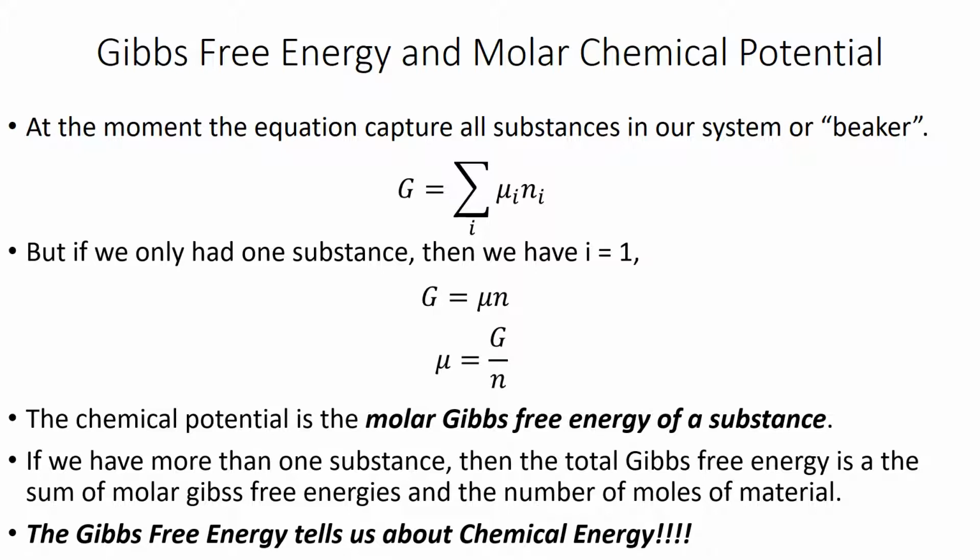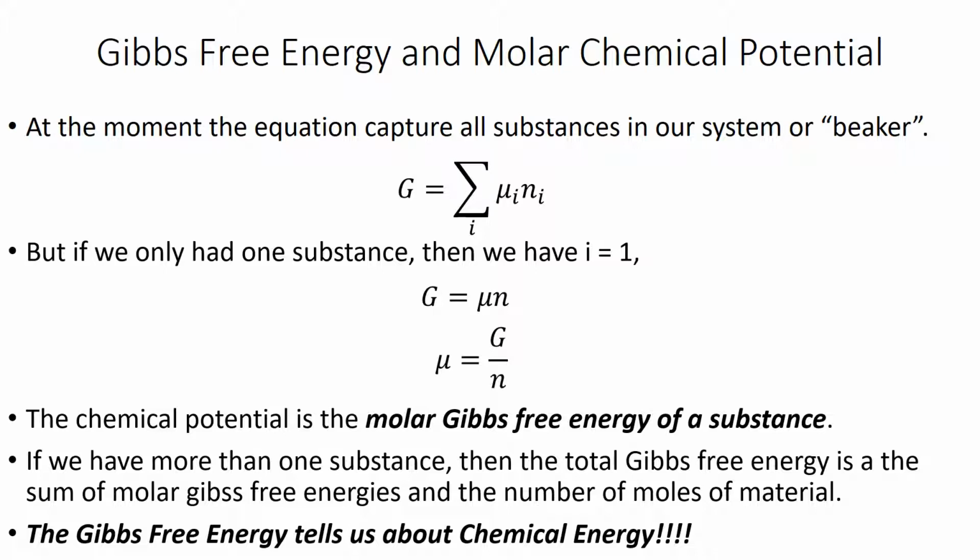The Gibbs free energy tells us about chemical energy. That's what it is. So I can't stress this enough, that when you see the word Gibbs free energy, you should have in your mind immediately chemical potential or chemical energy.